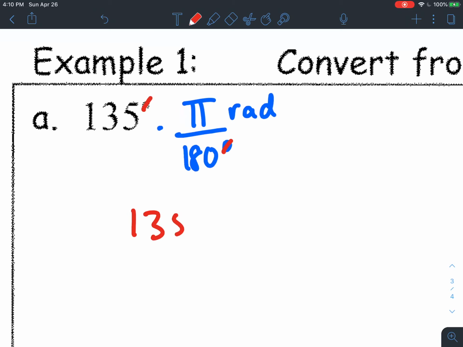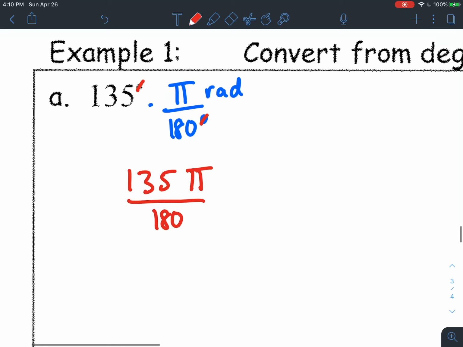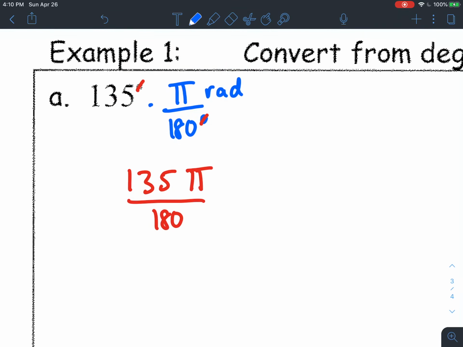So I've got 135 pi over 180, and the only thing we have to do is simplify. So this reduces, they're both divisible by 45, in case you're wondering. 3 pi over 4.